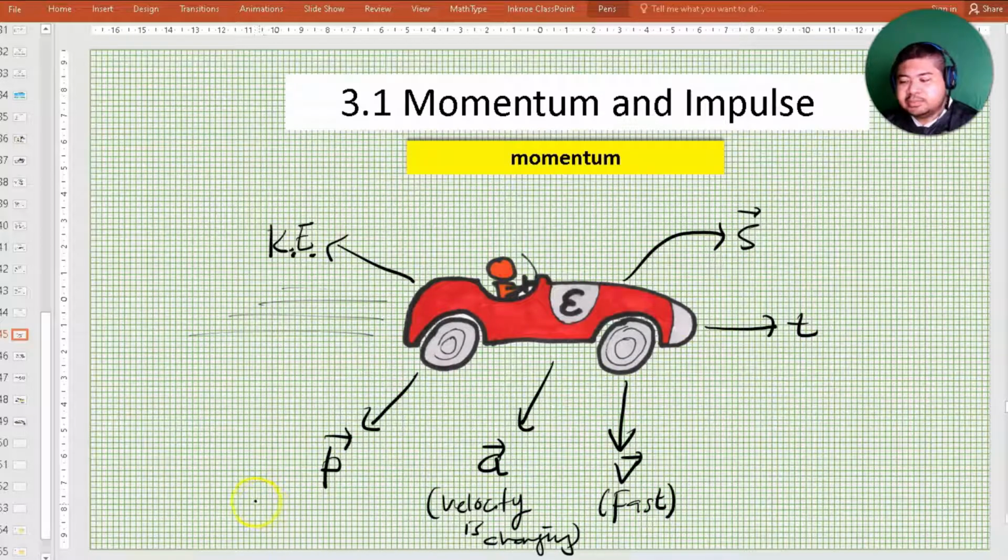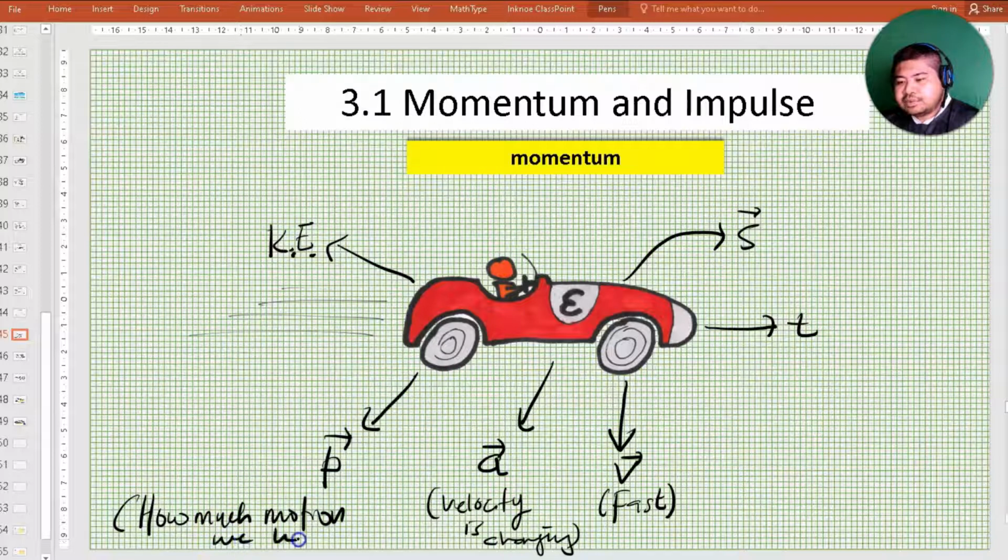So what is momentum? Momentum is telling us how much motion we have. So I'm going to illustrate the idea here.